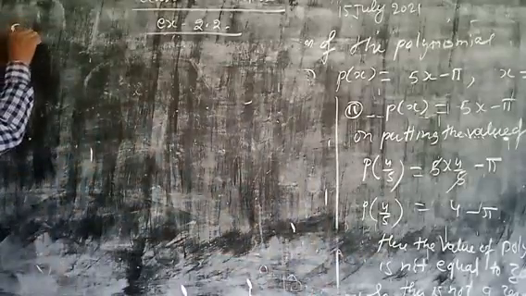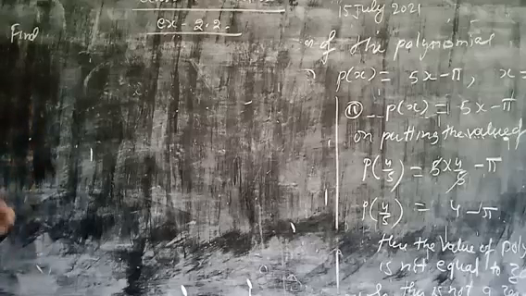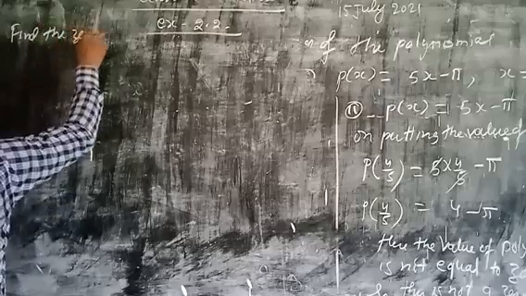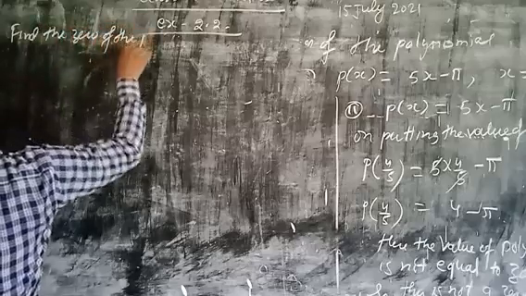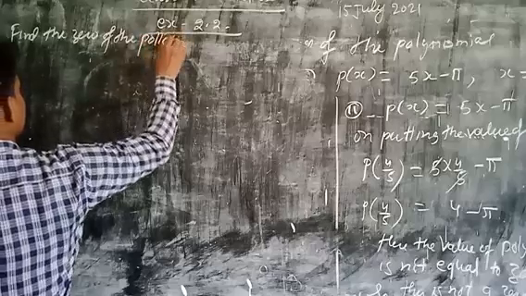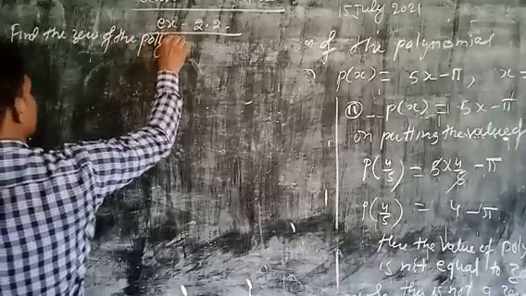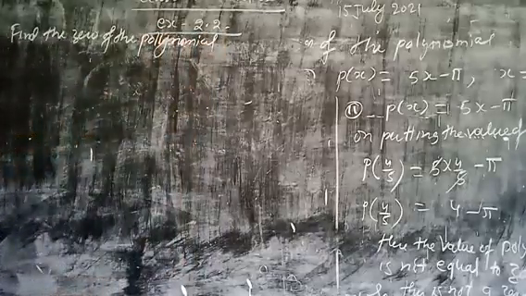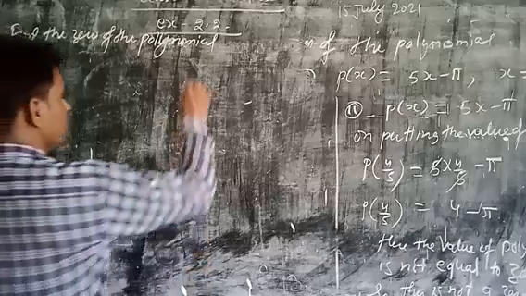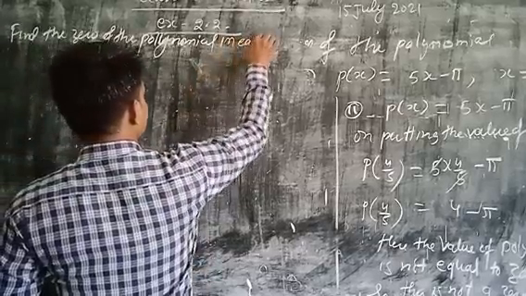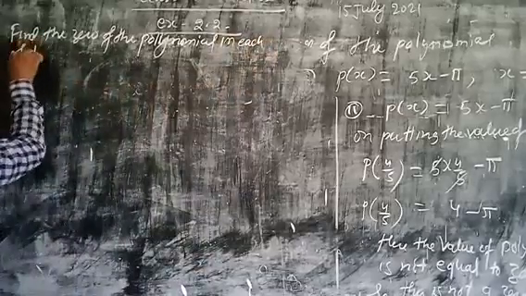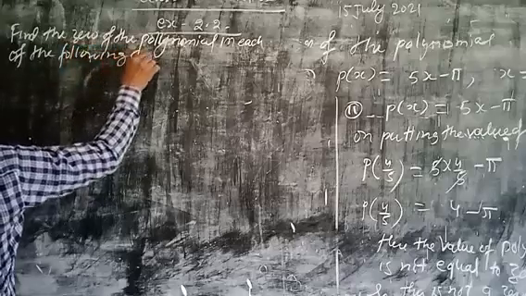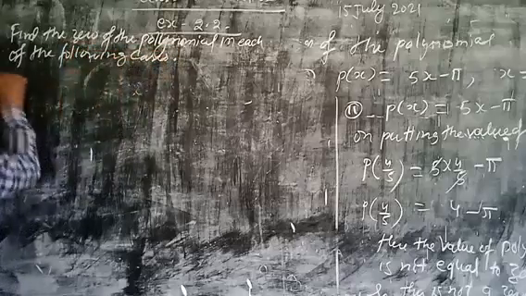In this question, find the zero of the polynomial in each of the following cases.